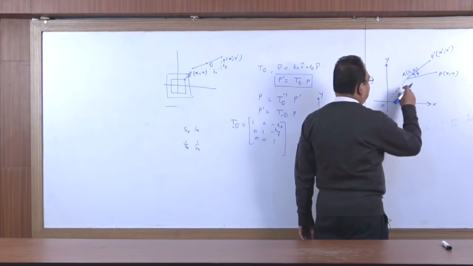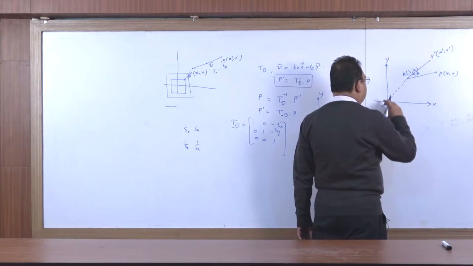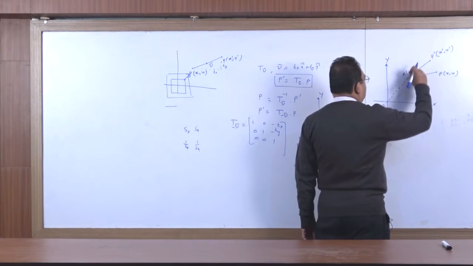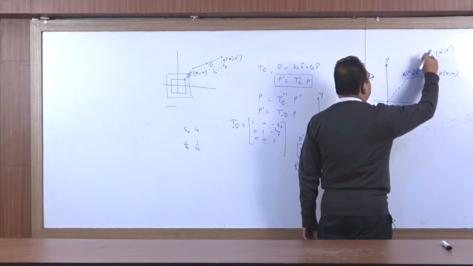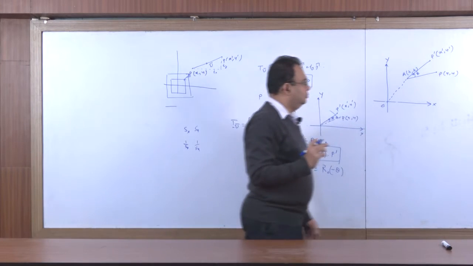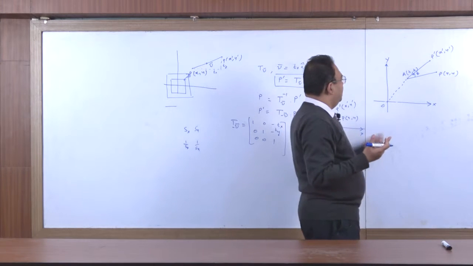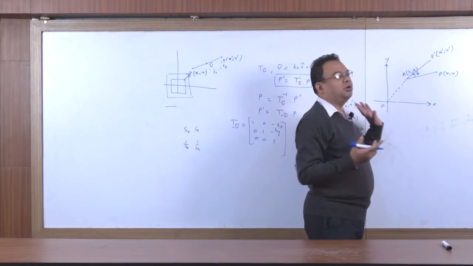After translation, A becomes coincident with the origin, and accordingly that translation will be applicable to every object point. After that we will perform the rotation with respect to the origin.